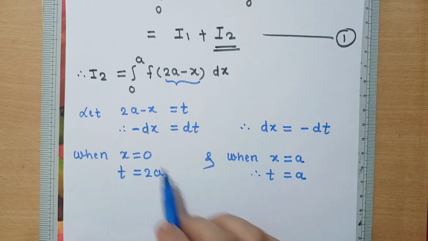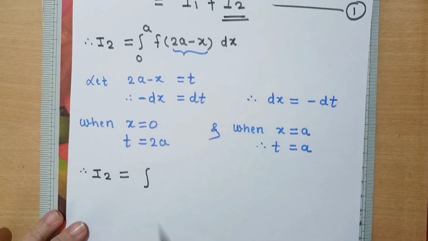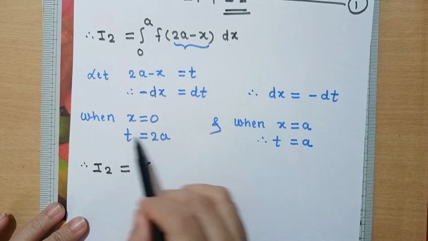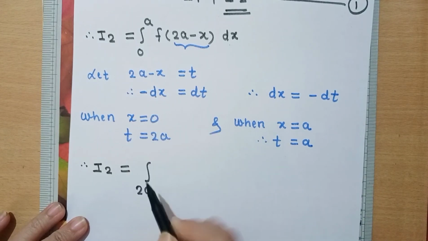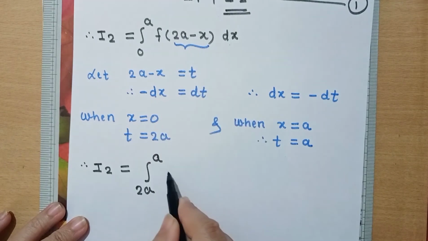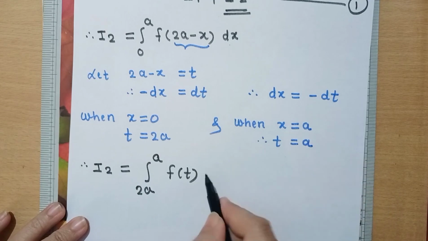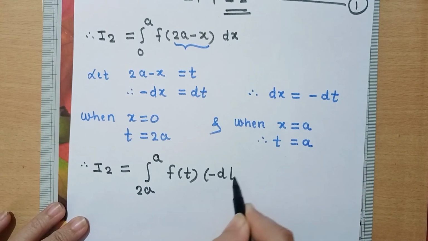So we will substitute this in I2, and therefore check again, when x is 0, t is twice a, and when x is a, t is a, and here we are writing f of t, and instead of dx we will write minus dt.